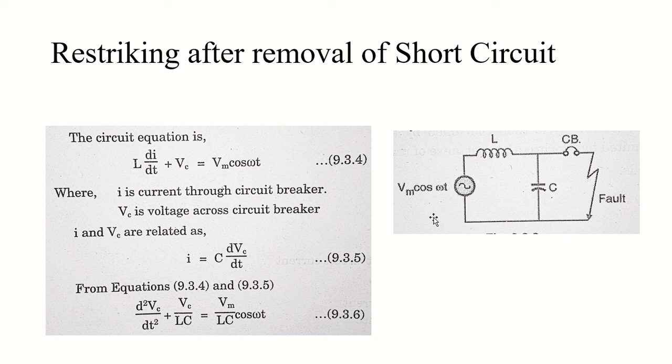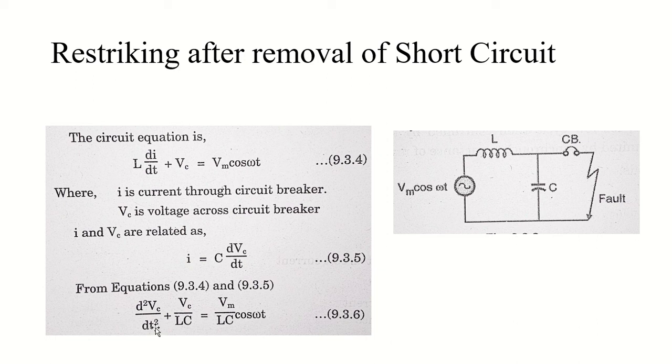I don't need to mention what I and VC are. Now how do you relate I and VC? We all know the current through the capacitor is given by C dv by dt. So both of them are relatable.